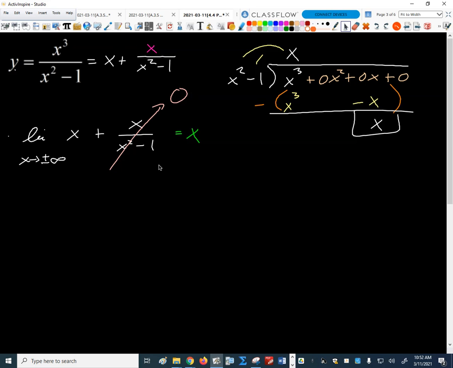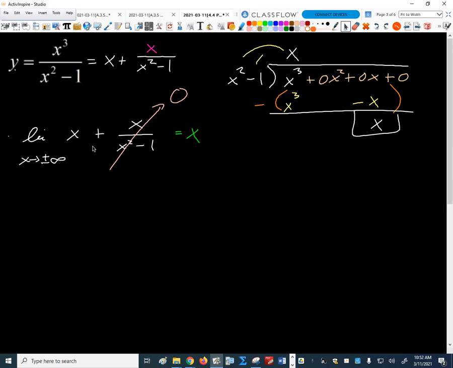So in the limit then, when we take the limit at plus or minus infinity, the remainder part of that is always going to end up being a rational function where the denominator is a bigger power than the numerator, right? And so that's always going to just go to 0 in the limit, and we just end up being left with whatever the terms are that we get before the remainder.